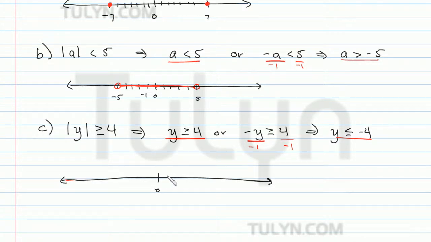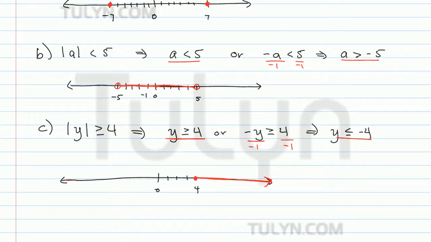And we have y is greater than or equal to 4. Since this is equal, it's going to be a closed interval, right? So y can be equal to 4, so it's just going to be a dot. And since y can also take values greater than 4, it can be 5, 6, etc., it can actually be any number on this part of the line here.